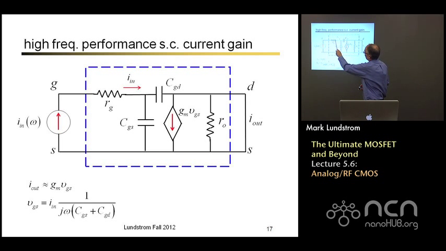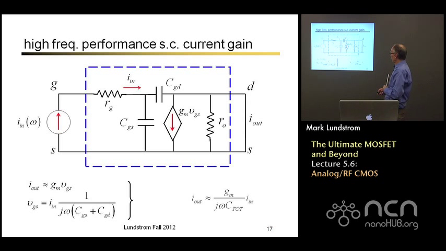My input current is not affected by this series resistance of the gate. It just comes into the heart of the device. So I can write my input voltage as input current times the admittance at this point, which is a parallel combination of the gate to source capacitance and the gate to drain capacitance.